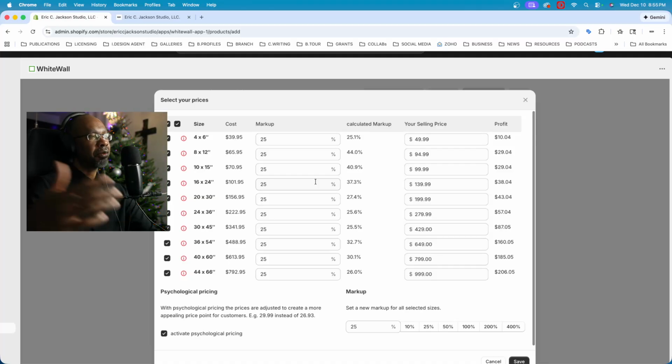So then I had to go back to my records and look at where I actually set the pricing at in terms of the markup. And sure enough, the markups were wrong. Not all of them for every size, but some of them were wrong. Which means that I was like, okay, is this a one-off situation with this particular print?